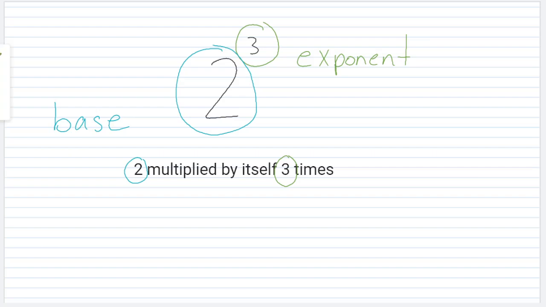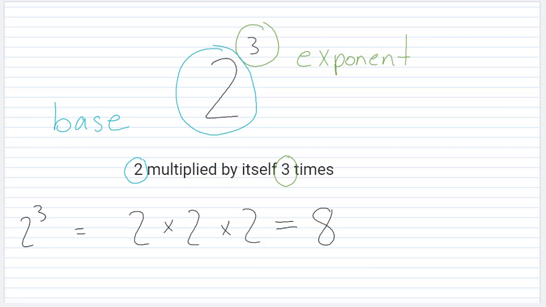Let's write it out. Here we have a 2 times a 2, that's twice, times another 2, that's 3 times. So if we multiply this out, we have 2 times 2 times 2, which gives us 8. So 2 with an exponent of 3 equals 2 times 2 times 2 equals 8.